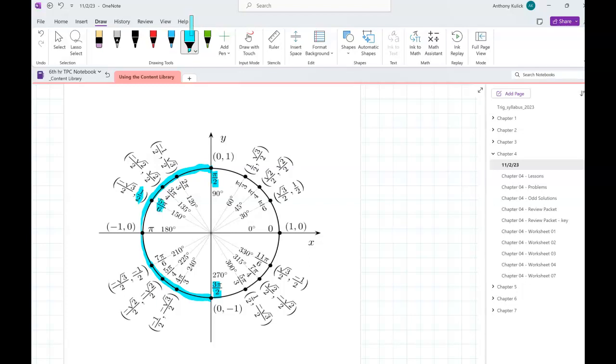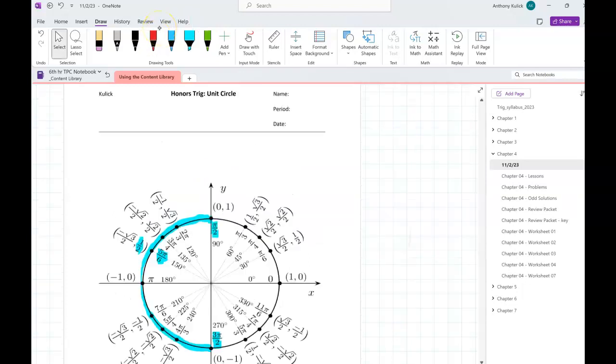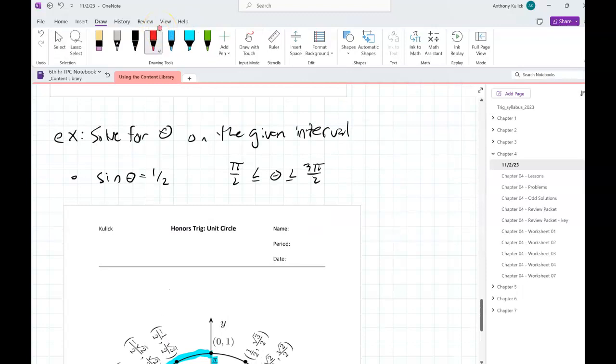So my answer should be 5 pi over 6. And I can see that falls between the interval because 5 pi over 6 is certainly more than pi over 2, and it's definitely less than 3 pi over 2. Everybody good?